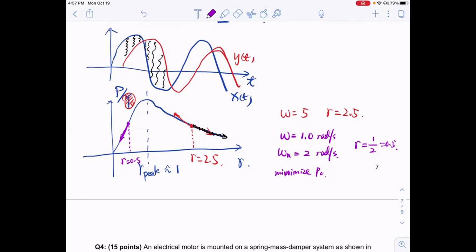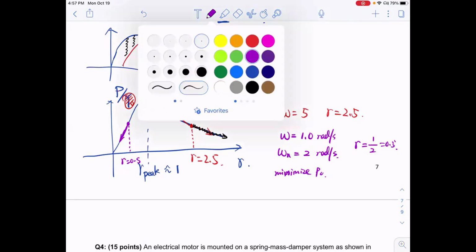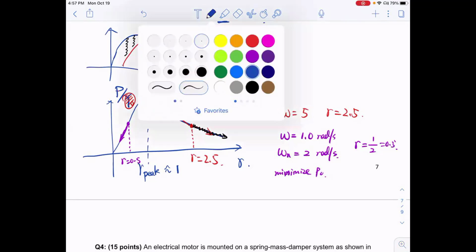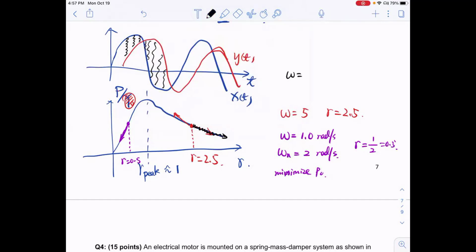I can give you another special case. If your omega is 2 radians per second, you want to minimize P naught, and you have the freedom to change it by plus or minus 5%.